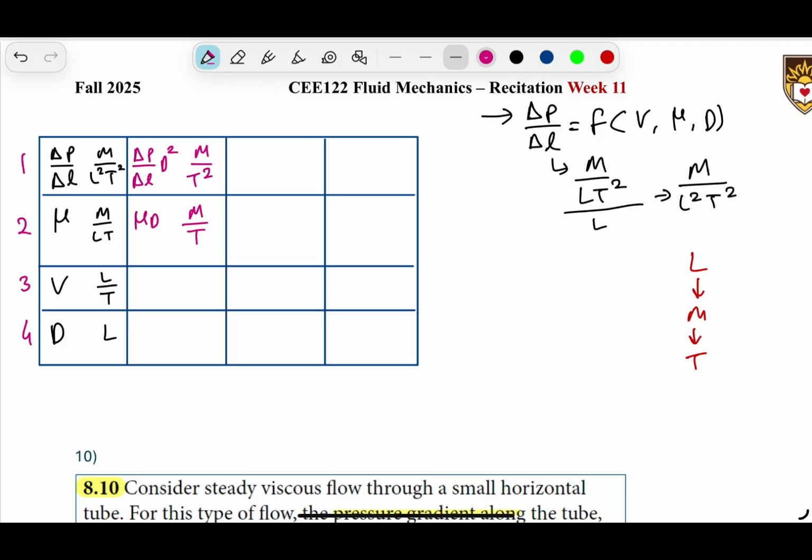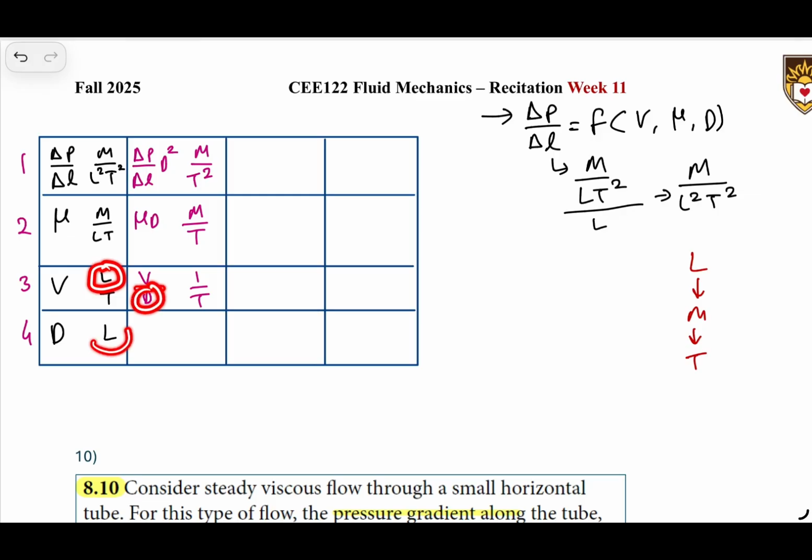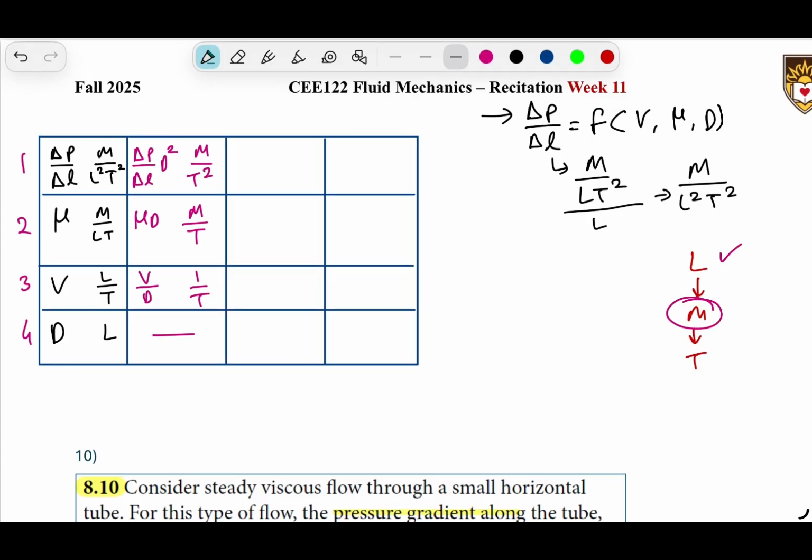For the velocity, we can divide it by d, so that we will have 1 over t, because we had L here. So if we divide it by d with dimension of L, then we will get 1 over t. And of course, this is already gone. So here the remaining is m.